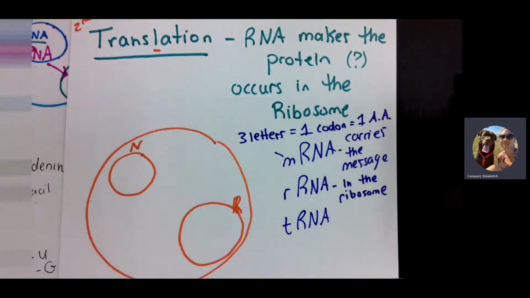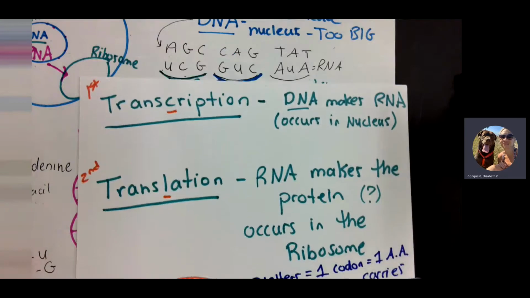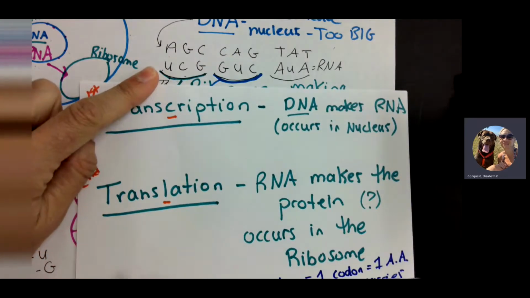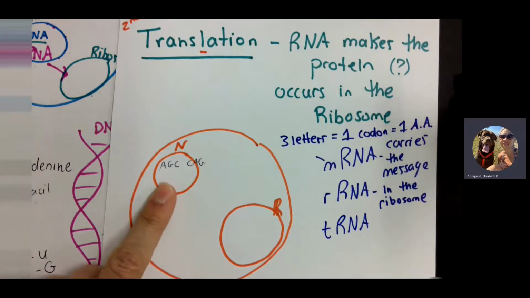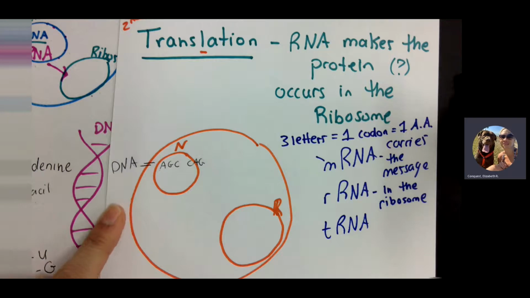Transfer RNA, this guy's kind of unique. And let me show you what I mean. Let's look back at our original sequence here. AGC and CAG. Okay, so I'm just going to write them right here. That's my DNA, just so we don't get confused.